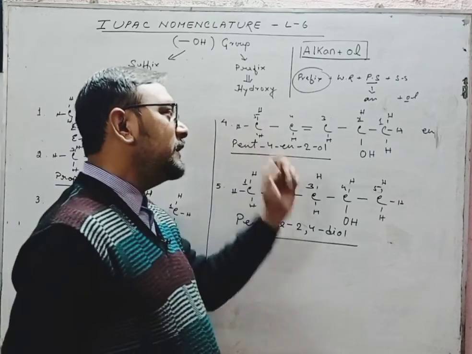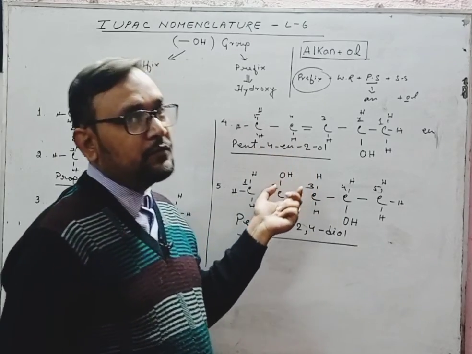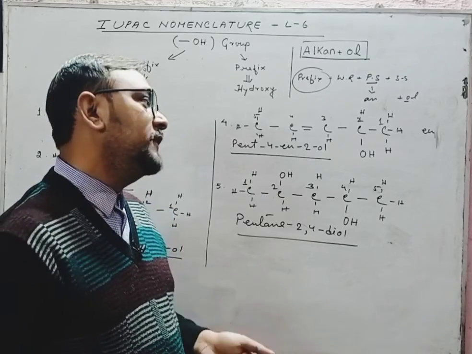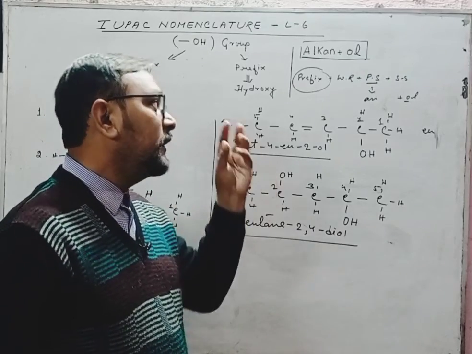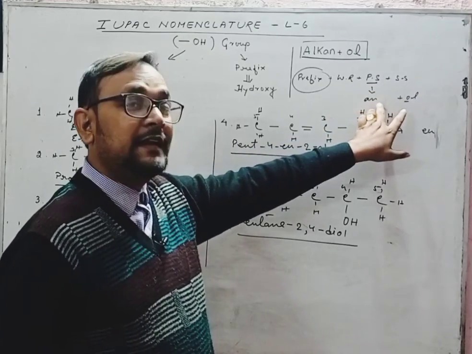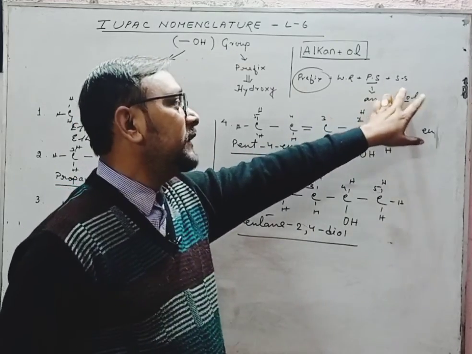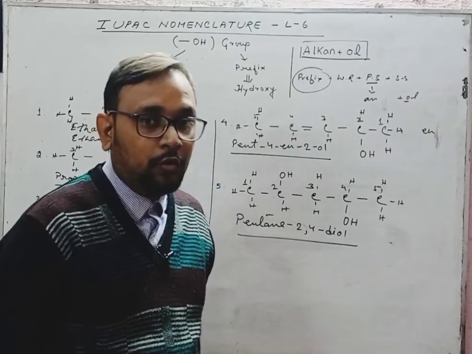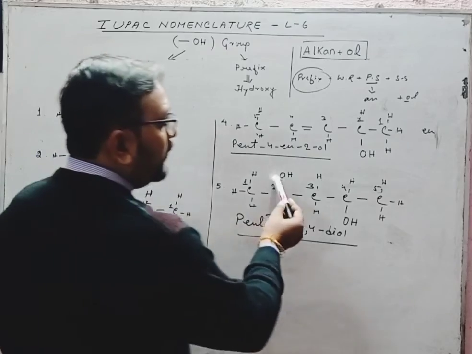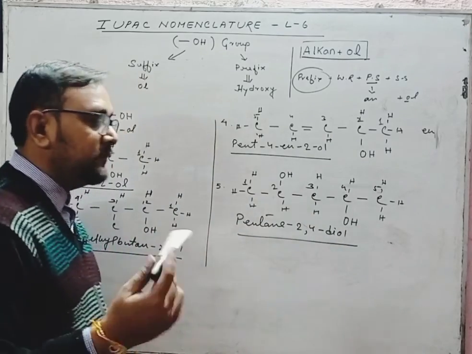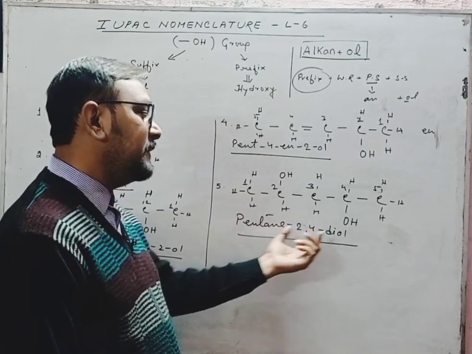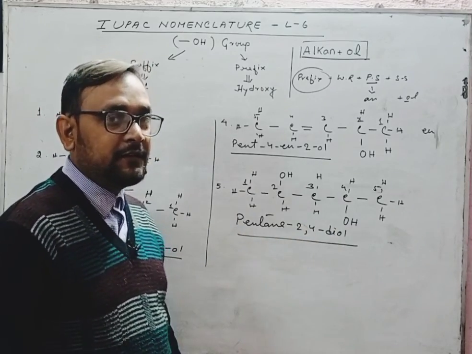For a double bond we use en, for a triple bond we use yne. If the primary suffix ends with e and the secondary suffix starts with a vowel like o, then drop that e. And if OH is more than one, that is di, tri, then the format will be alkane diol, triol, like that.